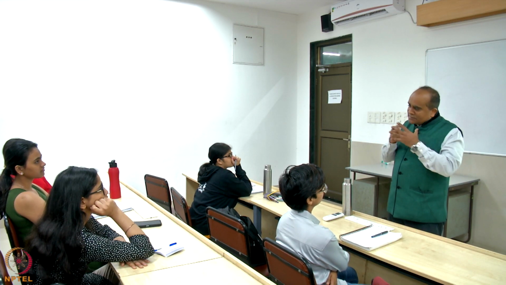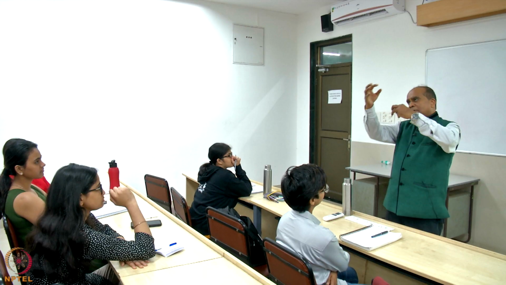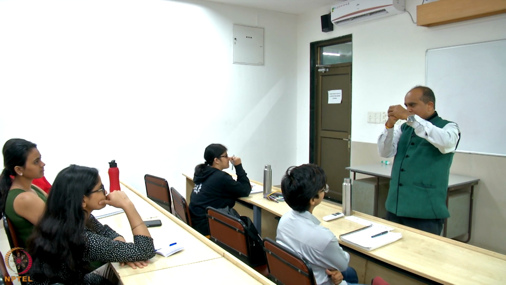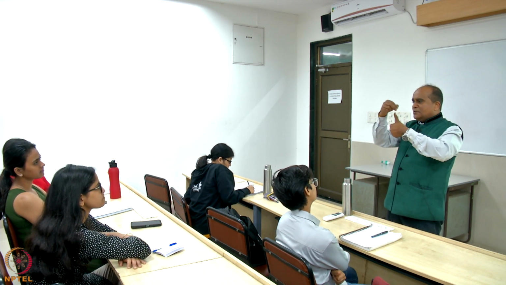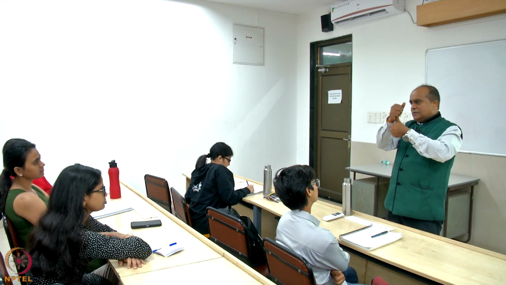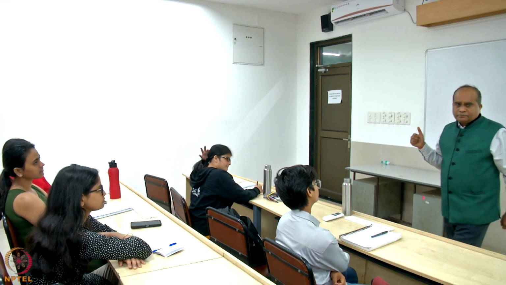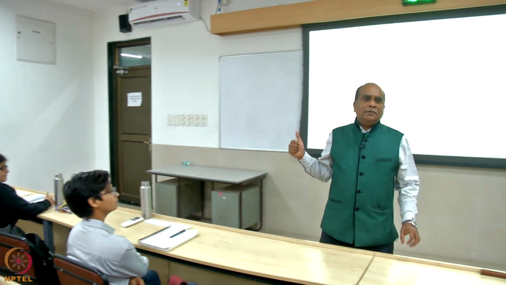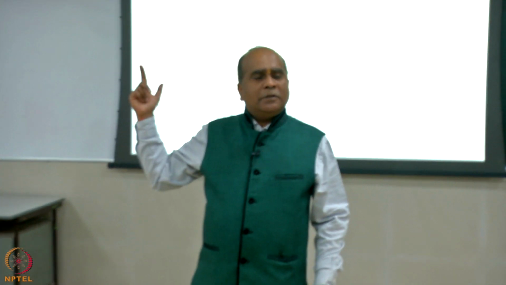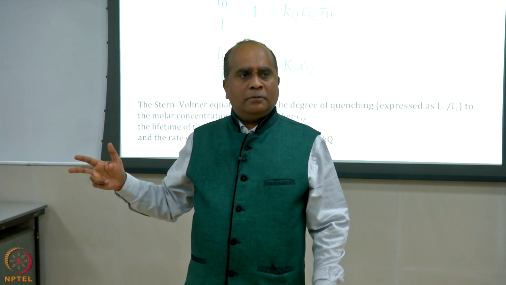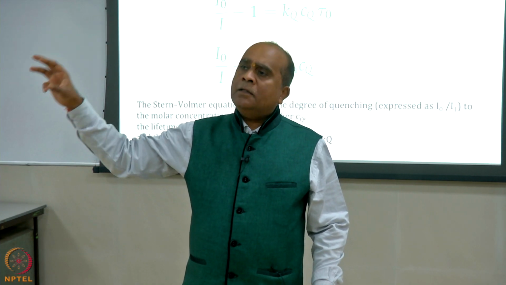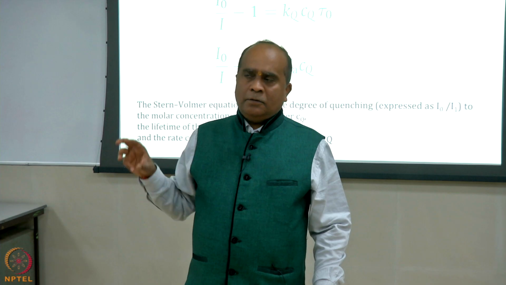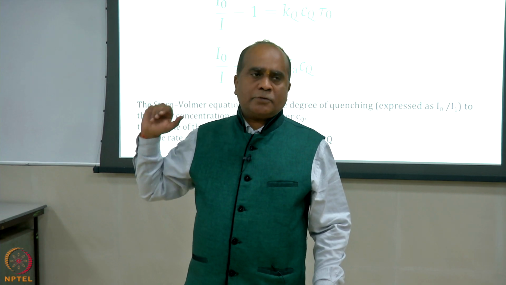Suppose my tryptophan is inside here and the quencher is rotating here, can it reach there? उसको time लगेगा या probably शायद नहीं जा पाए. But if my fluorophore is like this and the quencher is rotating here, it is free, it can reach there. So, with the concept of quenching, you can find out the exposure level of a fluorophore, whether the fluorophore is free or buried inside.